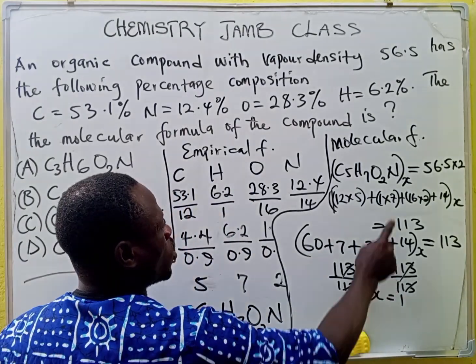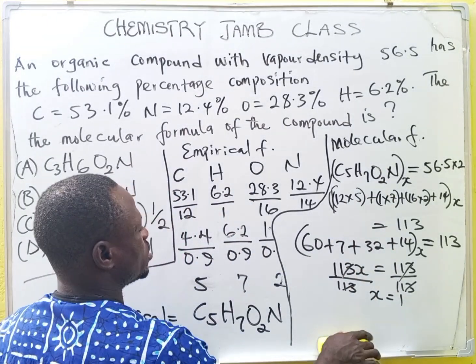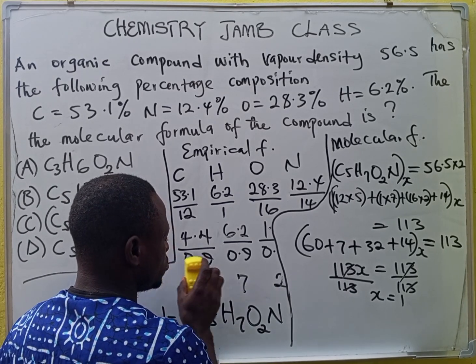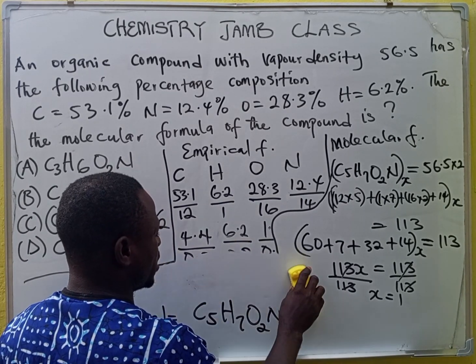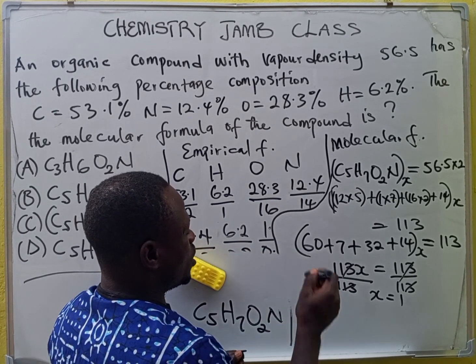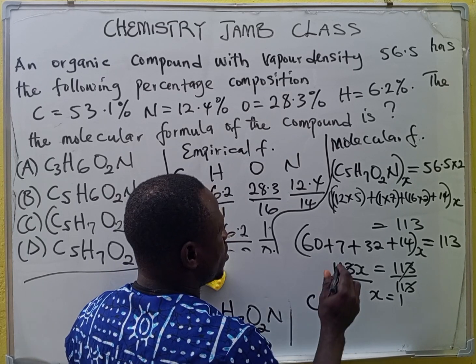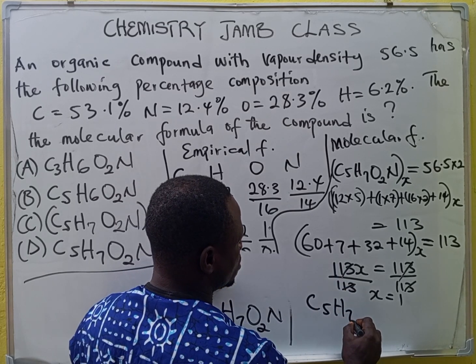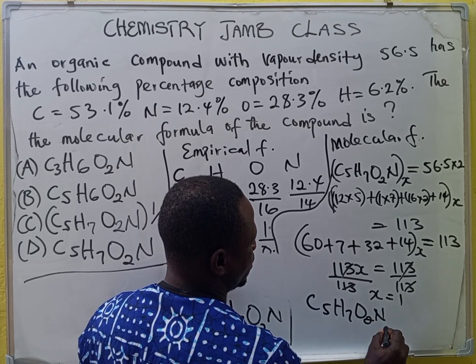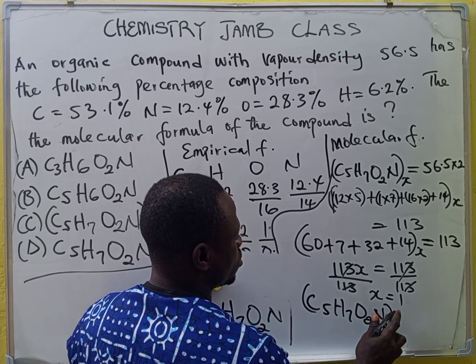So if x is 1, you now take it to the formula. Are you following? So you take it to that formula, C5H7O2N bracket 1.